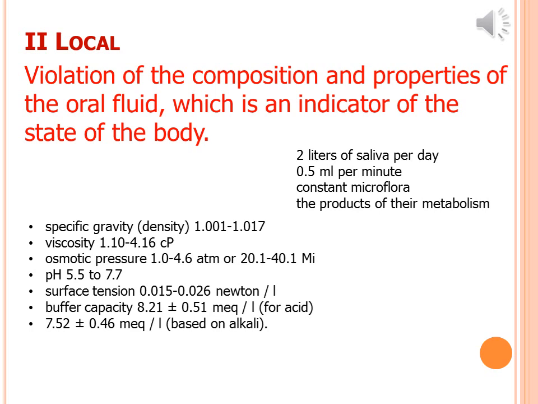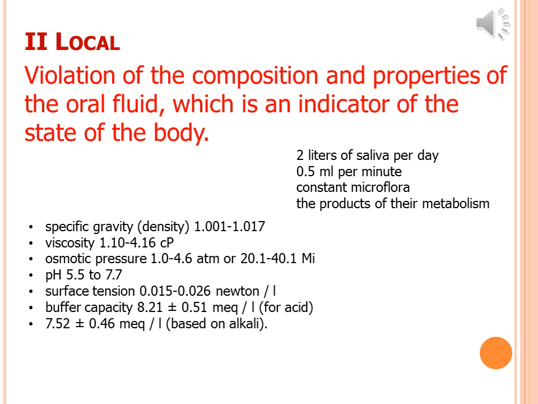Fluctuations in the pH of saliva depend on the hygienic state of the oral cavity, the nature of the food, and the rate of secretion. At a low rate of secretion, the pH of saliva shifts to the acid side, while stimulating salivation shifts it to the alkaline side.